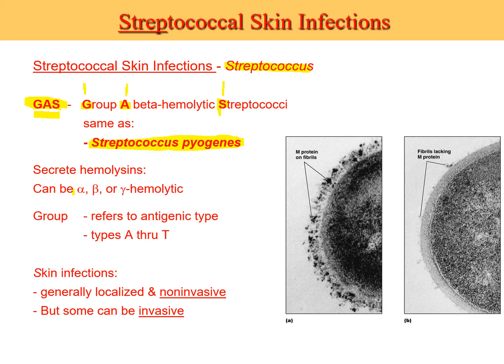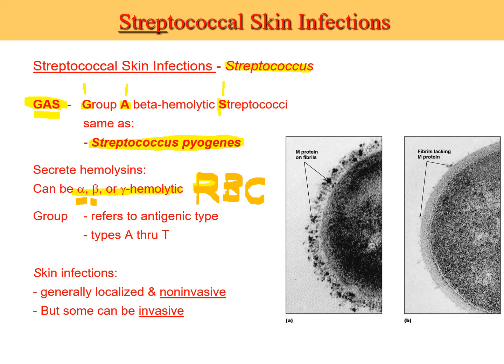They can be alpha, beta, or gamma hemolytic in terms of their effect on red blood cells. I remind you that on a blood agar plate you can get 3 appearances or 3 effects on the red cells. It could be alpha hemolysis, which is a partial hemolysis of the red cells resulting in the hemoglobin turning into a green color.